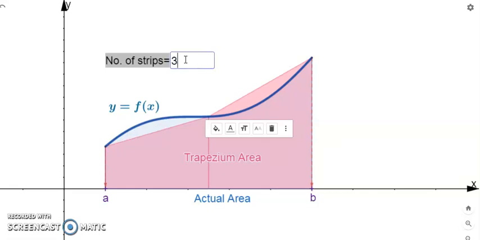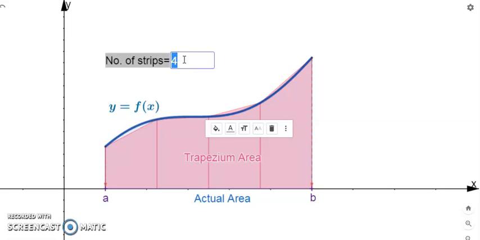And then three strips, four strips. In our syllabus, our calculation will be limited to four strips, but in actual fact you can insert more and more strips.